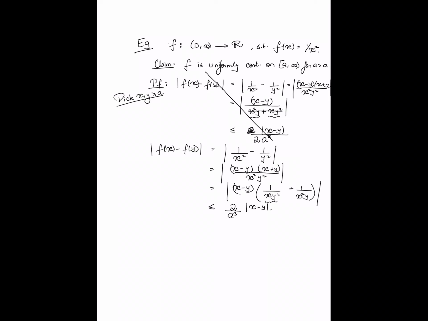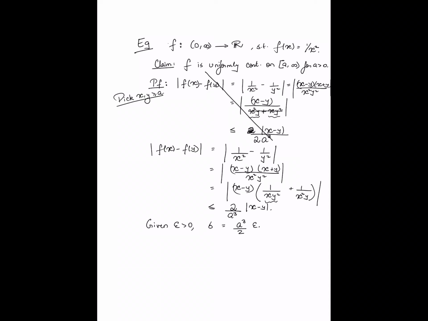Okay. So now we are almost done, because we have already argued that the gap between the function values is in some sense bounded in terms of simply the gap between the points x and y. So now what I would do is, given any epsilon greater than 0, I will set delta as follows. I will set delta to be a cube by 2 epsilon, right?